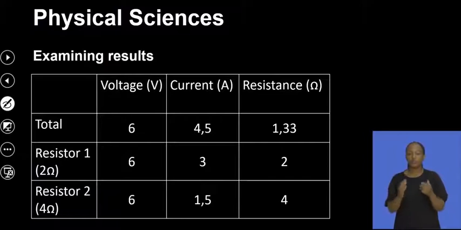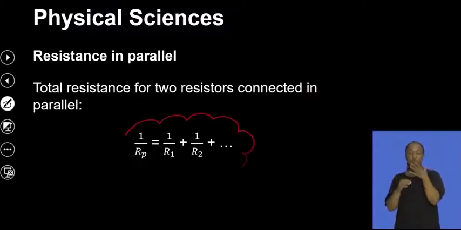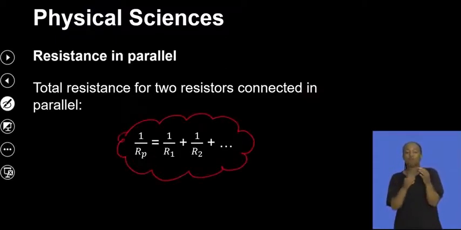Now, having said that, for resistors in parallel, this is what we also notice: for us to get the total resistance, we would consider the reciprocal of each resistor as a sum. But remember, this equation actually gives us the reciprocal of the total resistance in parallel.